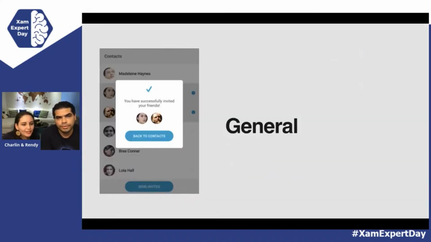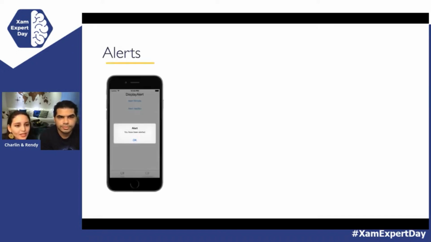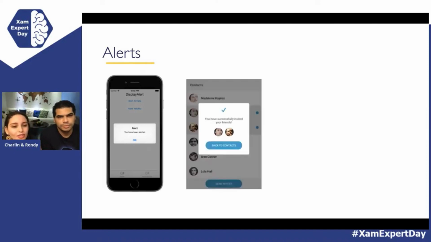Now we are going to the next category, which is general things that you can apply to any category of your app. The first one is alerts. Alerts are one of the first things that we learn when we are learning Xamarin Forms. Doing an alert is easy in Xamarin Forms, but sometimes it doesn't look that professional in your application, so you can use a different approach.